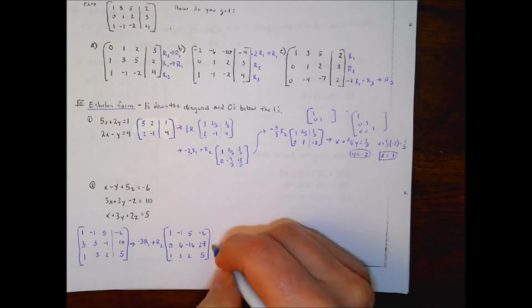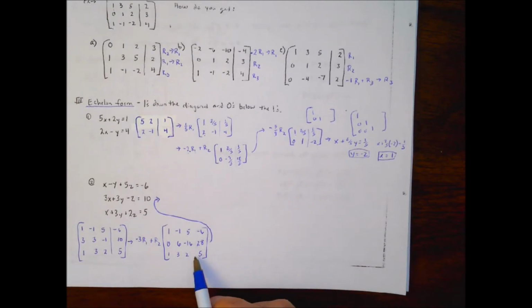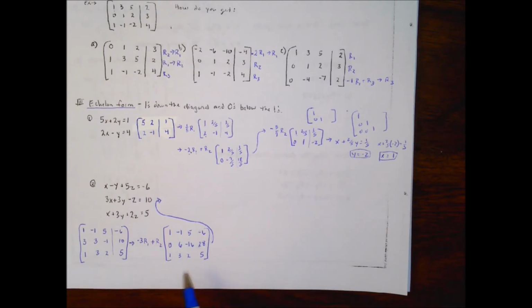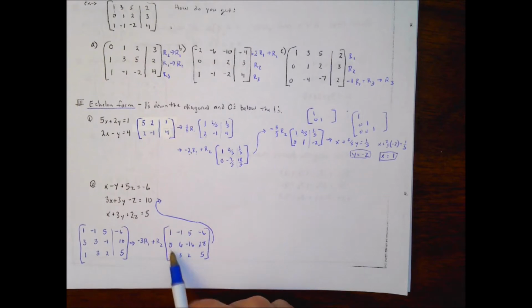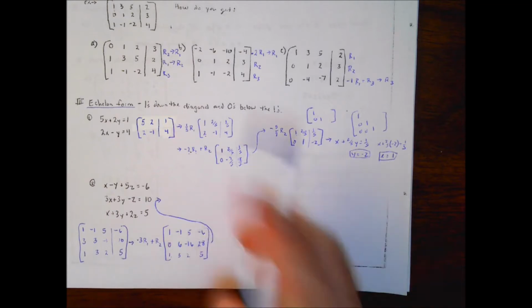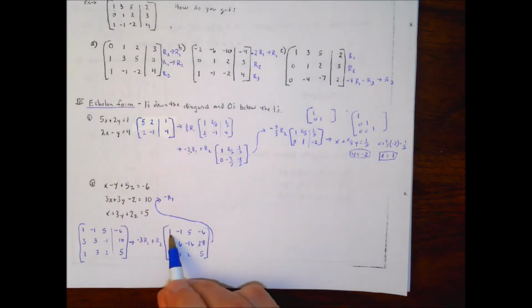Okay, next thing, let's get the 0 here as well. So we'll keep getting the 1 and the 0 and the 0. By the way, you could do 2 steps at one time if you want to. I'm just doing it a step at a time here. So let's take negative R1, the negative of this, and add it to row 3.